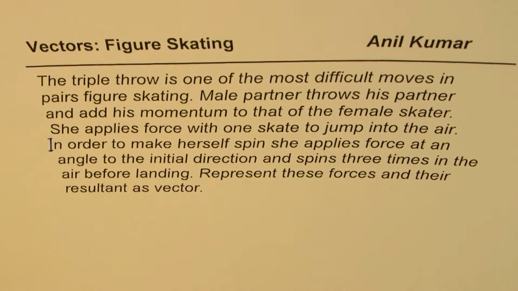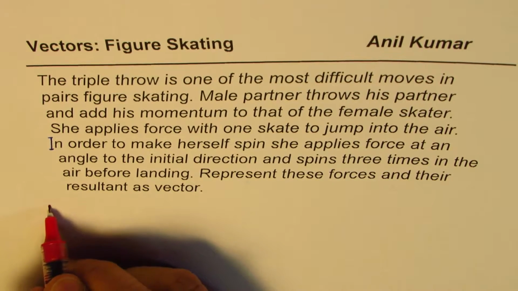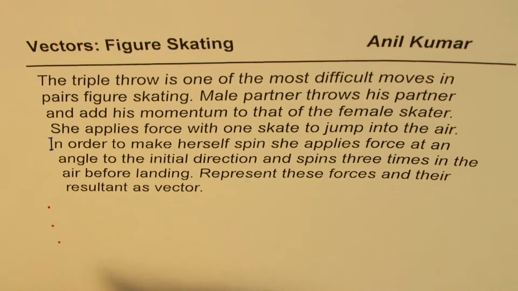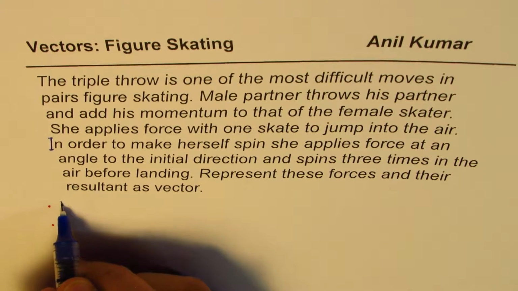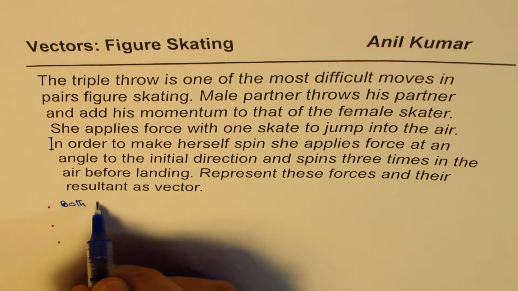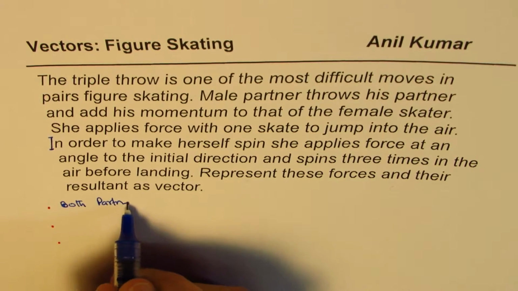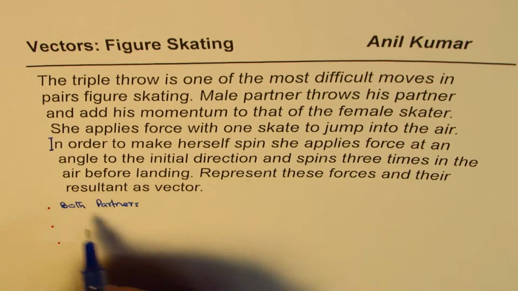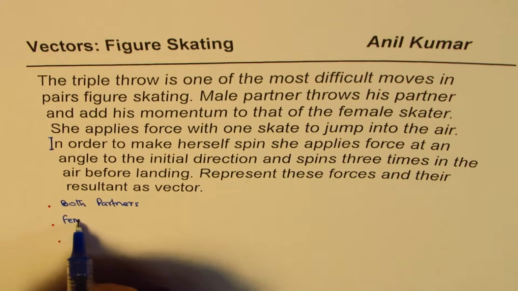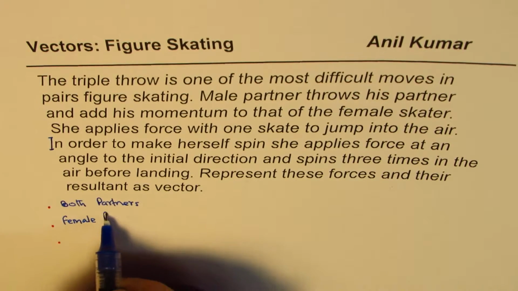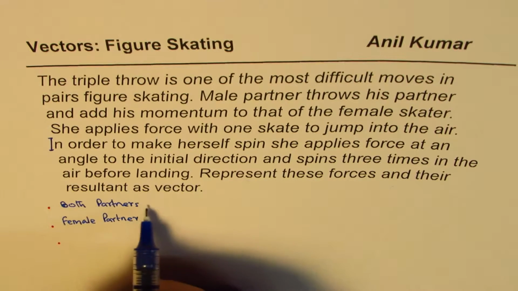So what we have seen here is there are 3 forces. Let me write down these 3 forces and then we will analyze them. So first one is both partners, and then we have from the female partner. Now these 2 forces are in one plane.